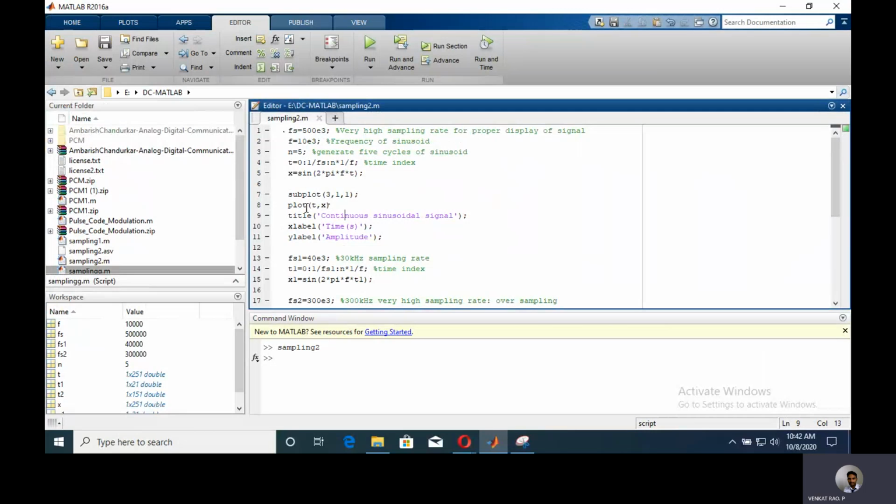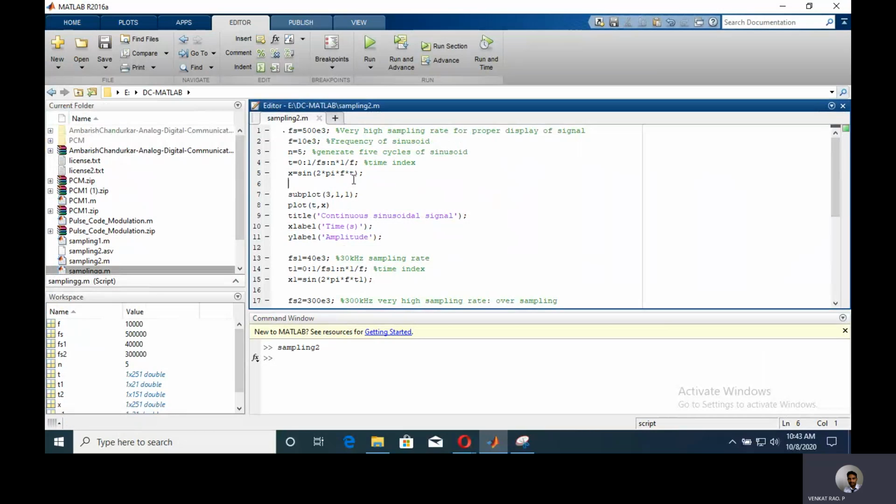So you should write plot of x-axis parameter comma y-axis parameter. Here, for a sinusoidal signal which depends on time, that is a time domain signal, plot of t comma x, where x is equal to sine of 2 pi fc t, or 2 pi f t simply. In order to display the plot of this sinusoidal signal, you must represent the time axis of the sinusoidal signal before displaying it.